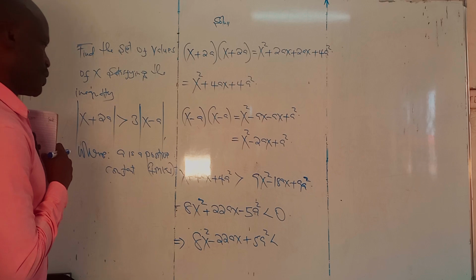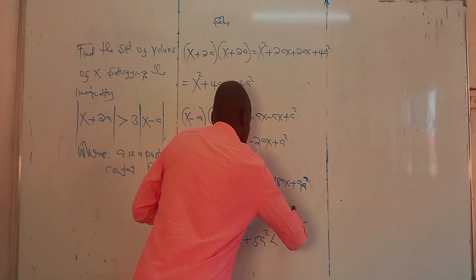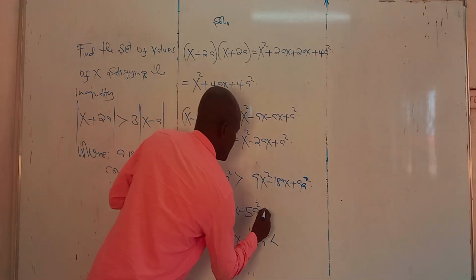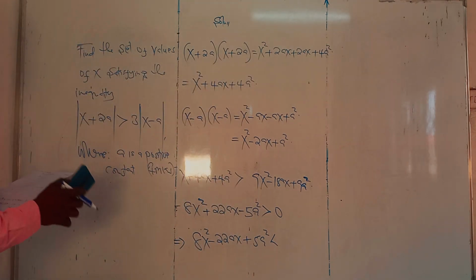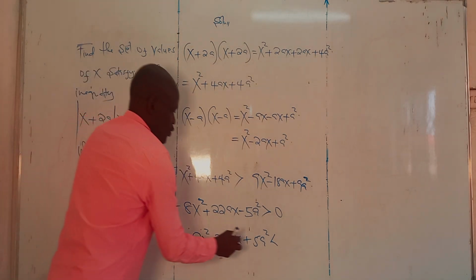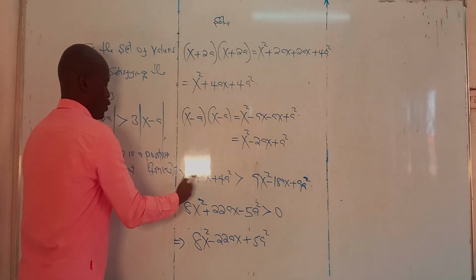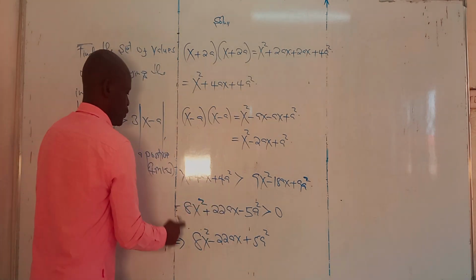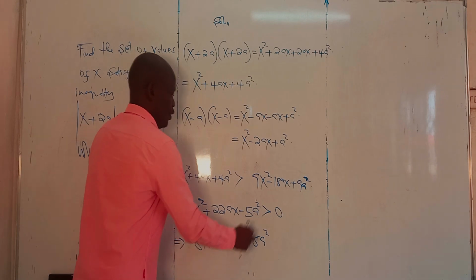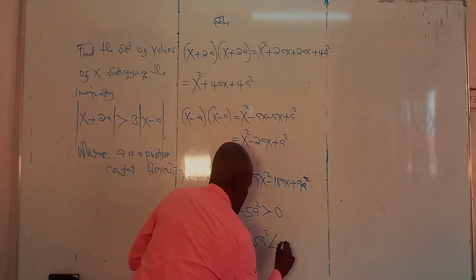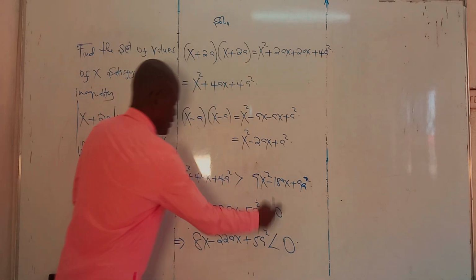Now, this was not less than 0; it's supposed to be greater, since the sign had not changed. But because I've multiplied each term by a negative, making this positive, this negative, that positive, that changes the orientation of the inequality sign. If I now express it in terms of this, then it changes to be less than 0.